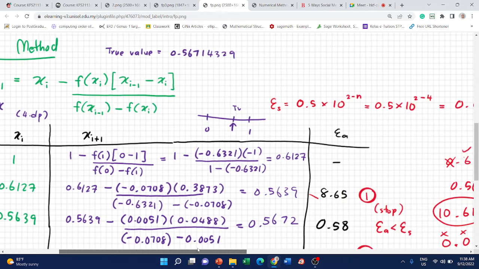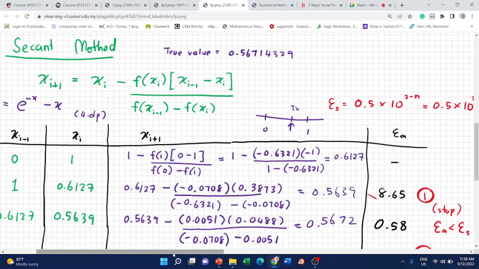Let's say the interval is not stated, but the true value is given, then you can decide. If the true value is not known, then you have to solve and find out what the true value is. If the interval is given, we use it. If the interval is not given, then you have to decide. Usually for the second method, we start with an interval in the form of integers, simple integers. If there are no integers, then you can consider decimal places.